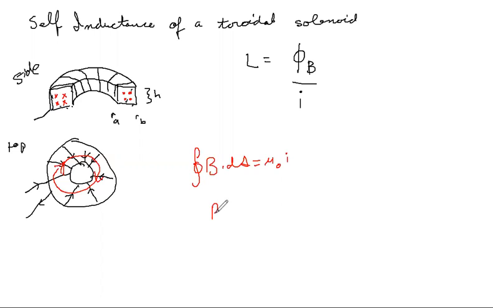So I get B times 2 pi r, because that arc length was a circle, equals mu naught N I. Therefore the magnetic field on the inside is simply mu naught N I over 2 pi r, inside the body of the toroidal solenoid.